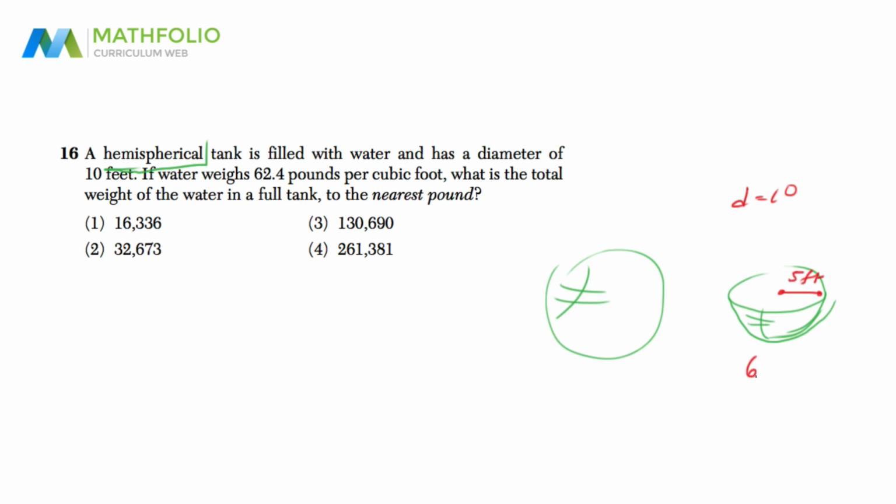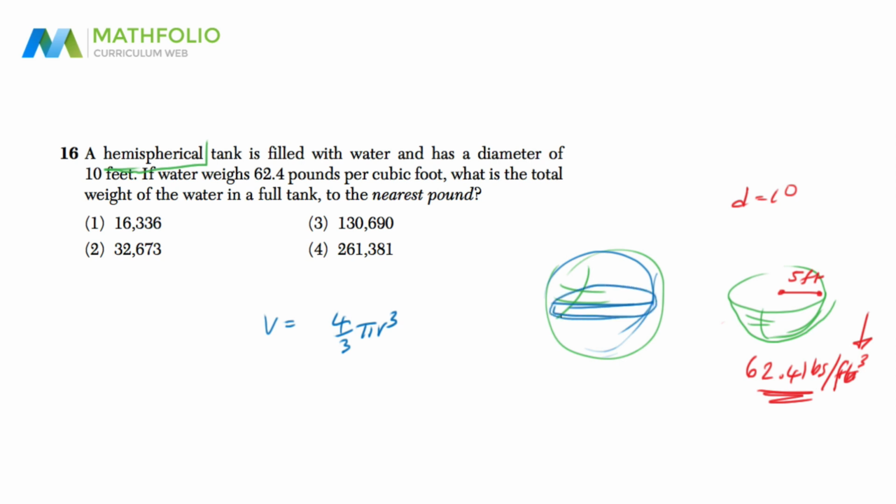The weight of it is 62.4 pounds per cubic foot. So not inches, but cubic feet rather. And so let's find the volume of this hemisphere right now. I'm going to just change the color to blue. So volume of the sphere is 4/3 pi r cubed. Now we don't want the entire thing. We just want, in fact, half of it.